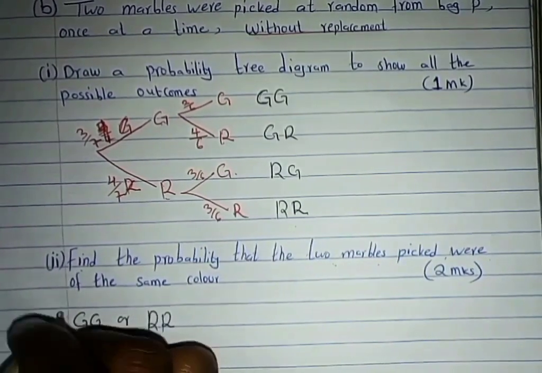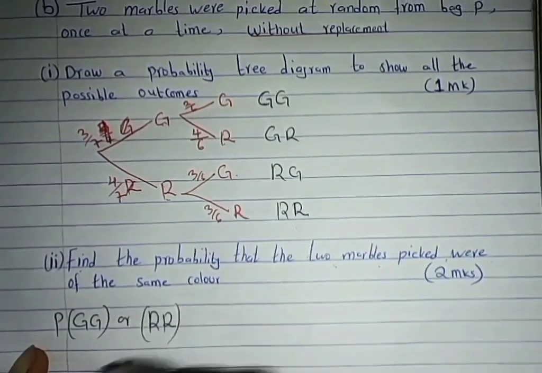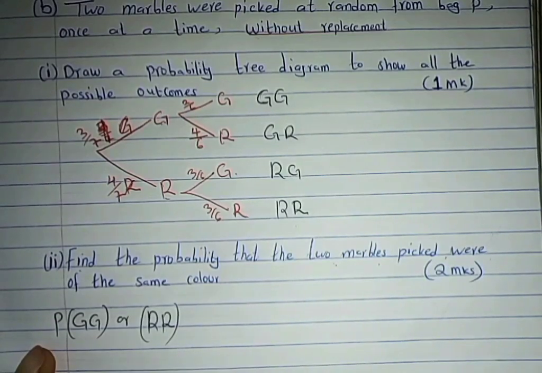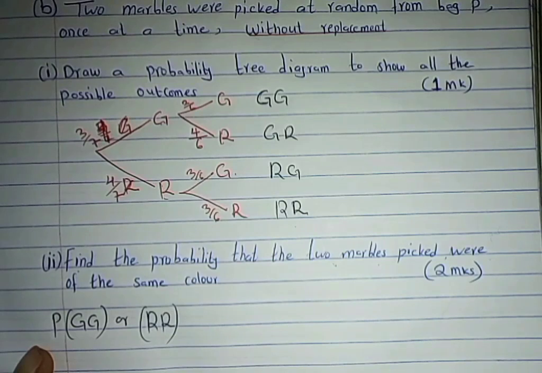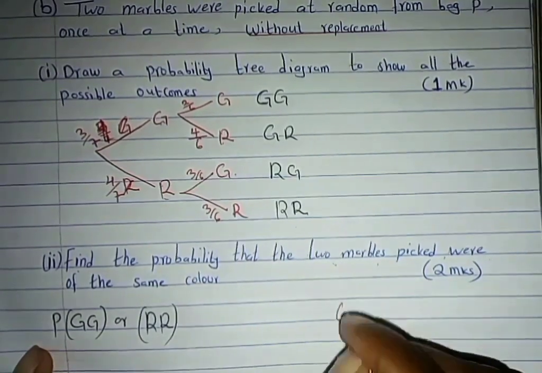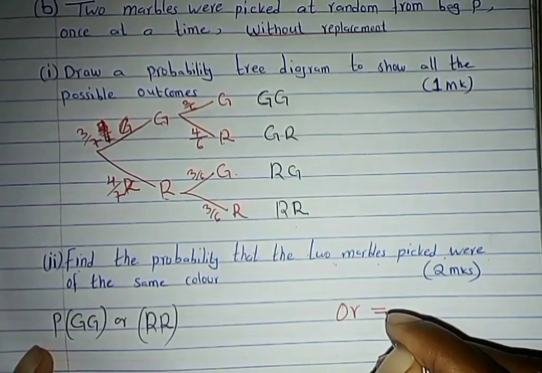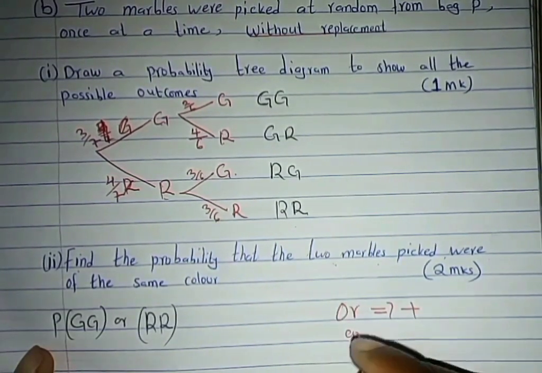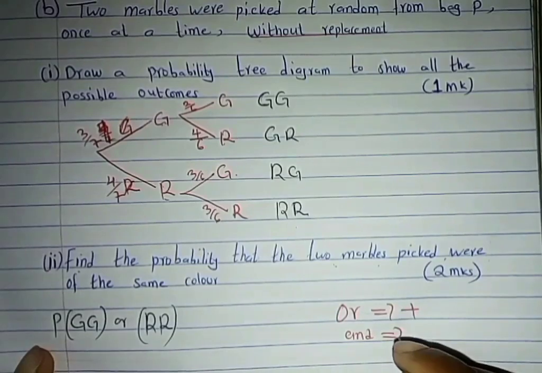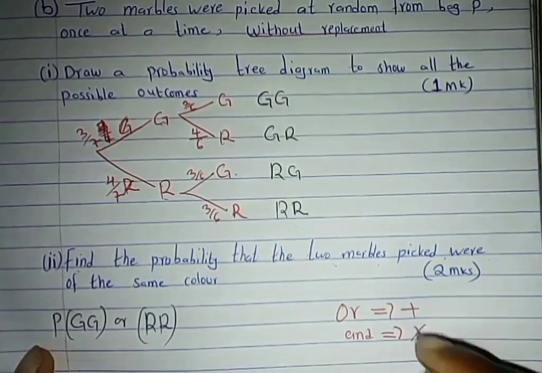So the probability now of picking a green or a red. But we know in probability the word or means addition, and the word and implies that you multiply.